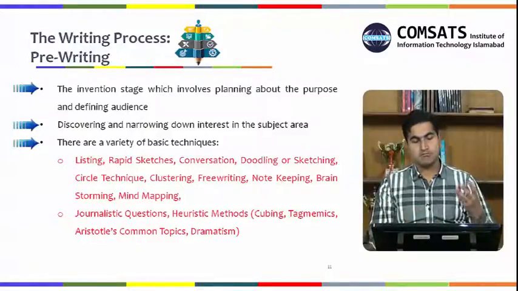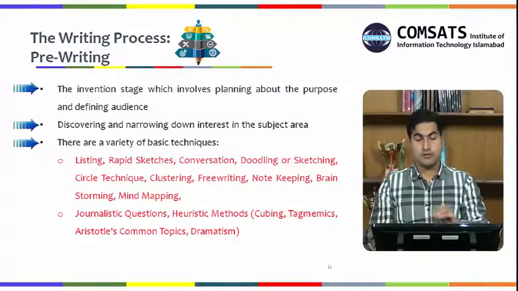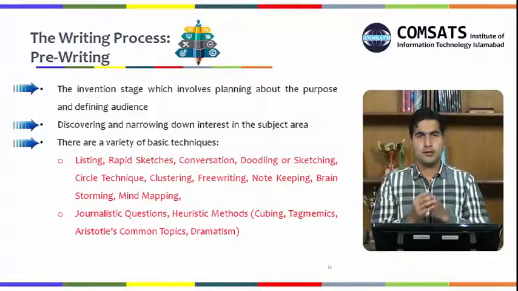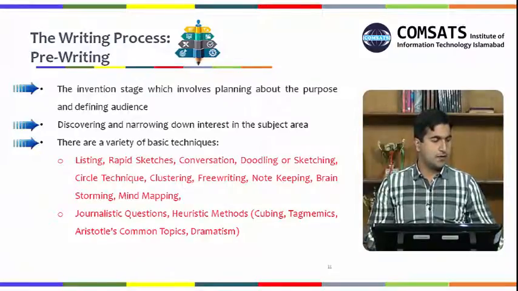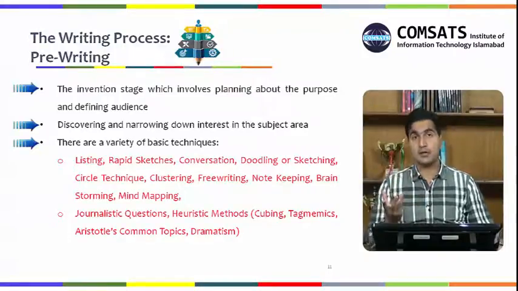Heuristic methods, these are the ones which were also a bit technical, a bit tricky, but very much informative and can be very much useful. Cubing, the technique, basically falls within these heuristic methods, in which you look into the component through 6 different angles, and those 6 angles, I have written them over here for basically mentioning them: describing something, comparing something, associating something, analyzing something, applying something, and arguing about something.